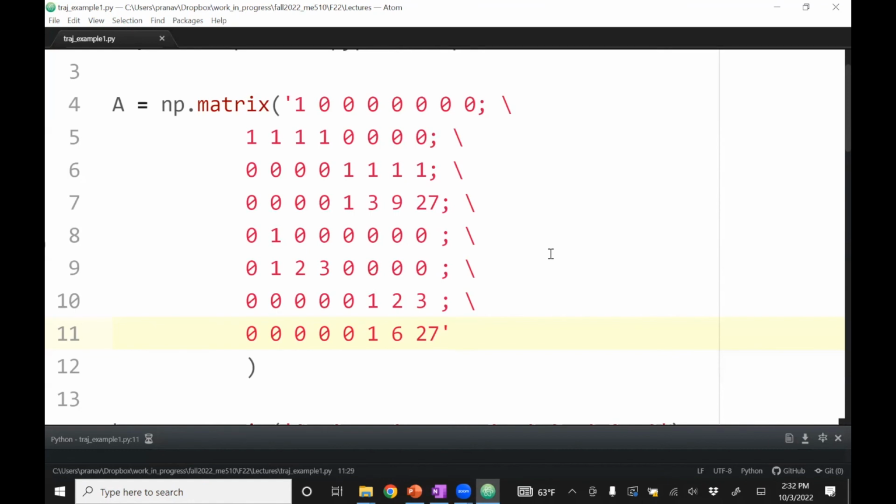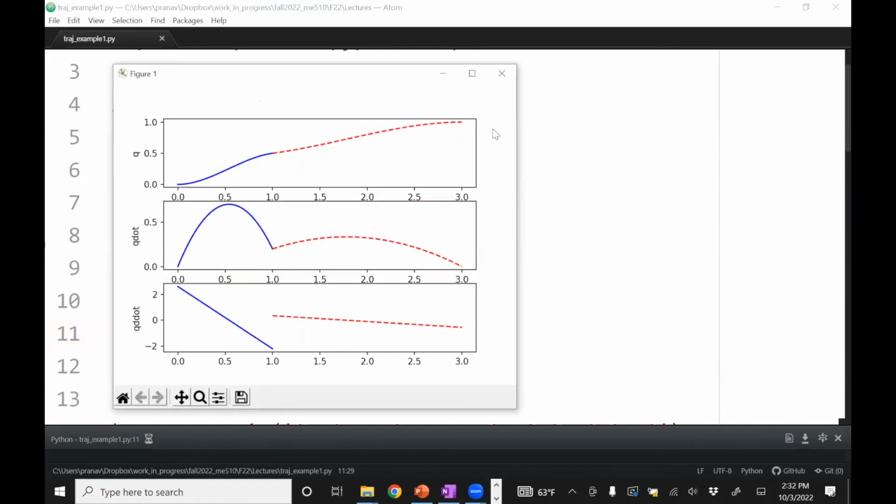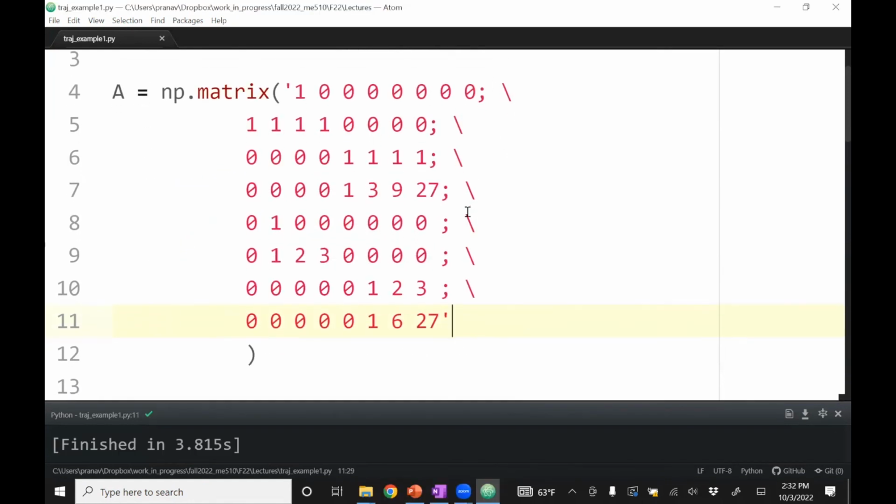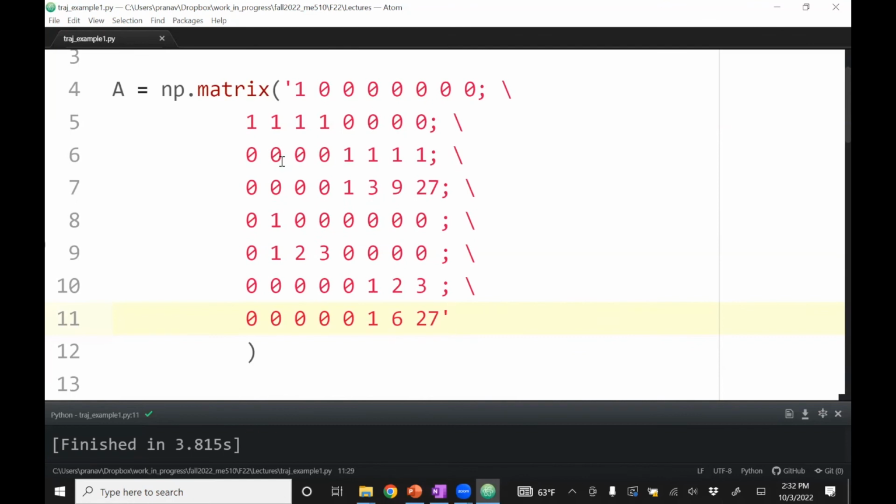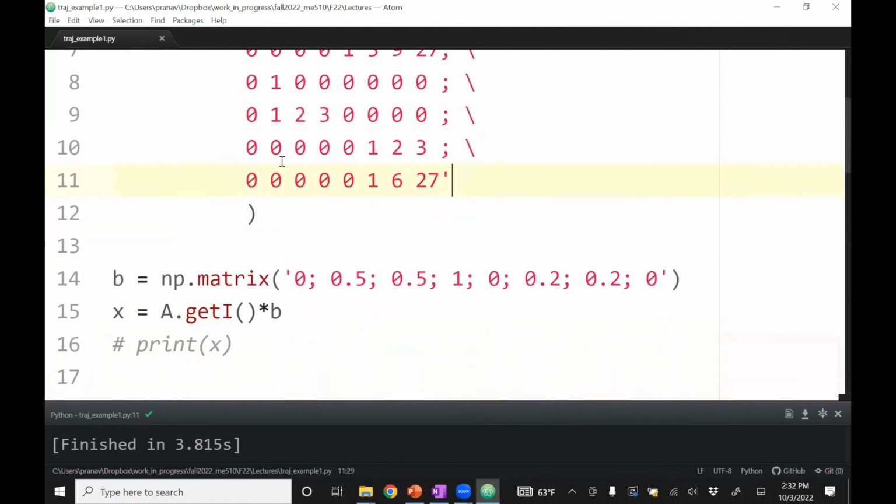Control shift. Okay, so what I did here is I manually copy pasted the A matrix. As I said, you don't have to do this. You can find a better way to do this by writing code for everything I did. You don't need to actually write anything down on paper. You can do this just by using the symbolic toolbox.